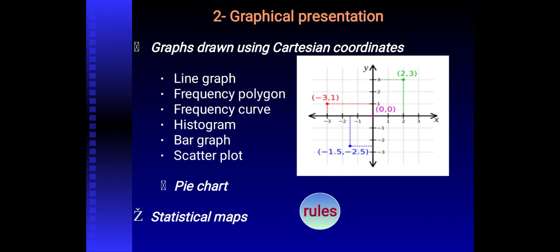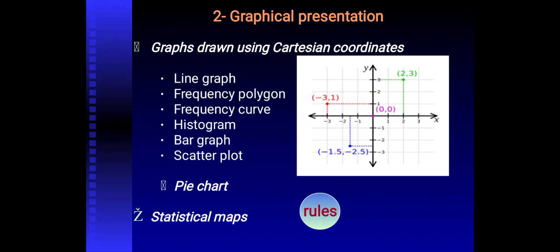Next type of presentation is the graphical presentation. The data are presented in the form of graphs. It is called graphical presentation. You all know that a graph is presented by using graph paper. It has an x-axis and a y-axis intersecting each other.